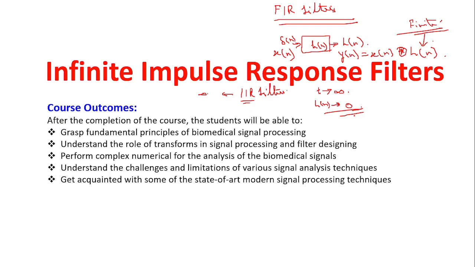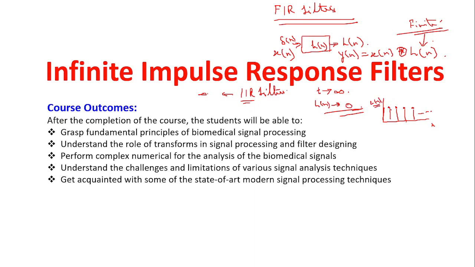Say for example, if we have a system whose h[n] values remain constant, not growing out of bound, not decaying to 0. So this is n and this is h[n].